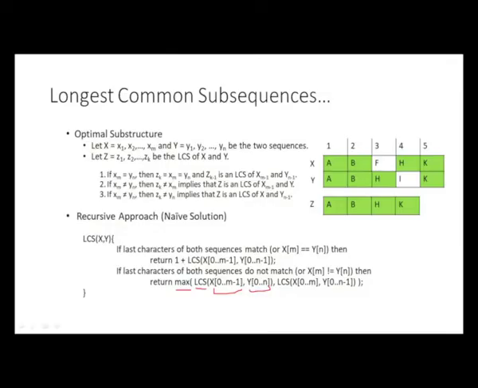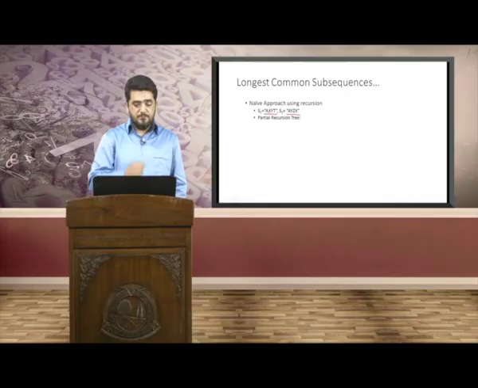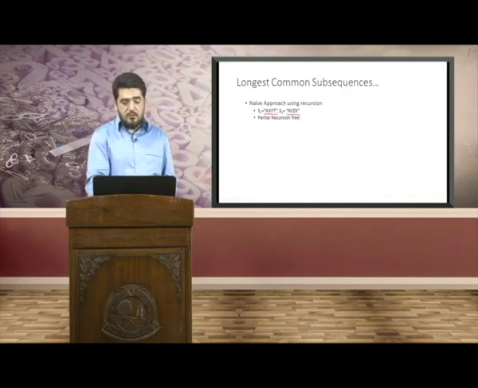So we'll try to find a match between the characters by decreasing the length of the two input strings alternately. Now let's see how it works in case of recursion here.